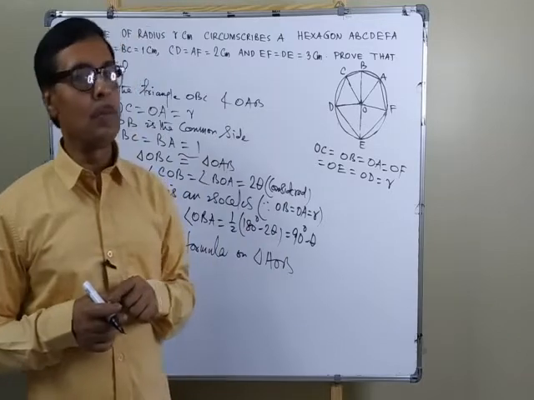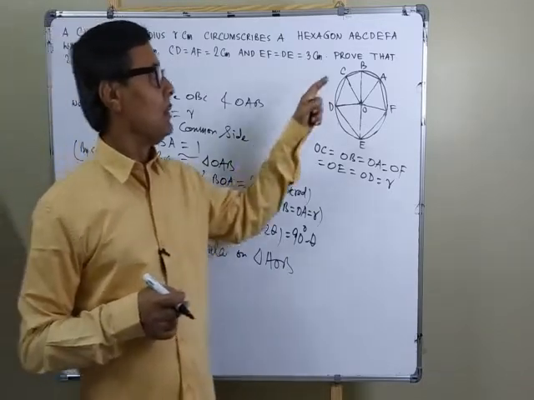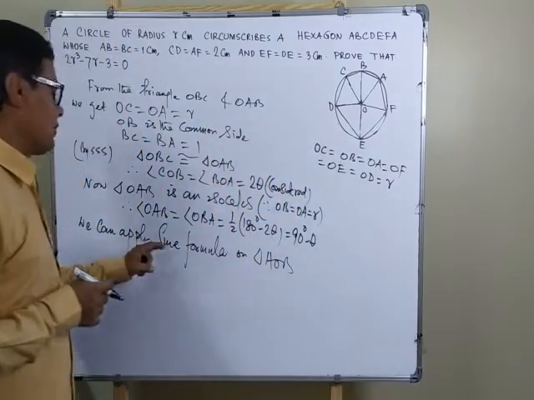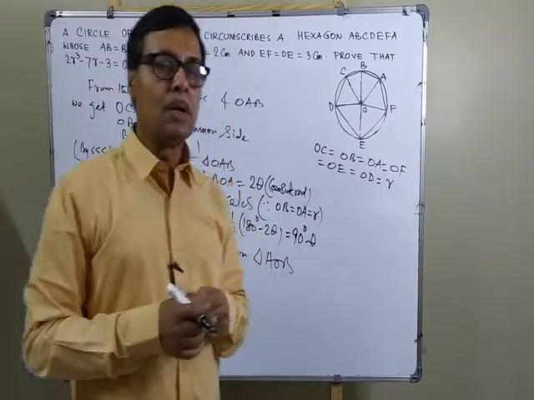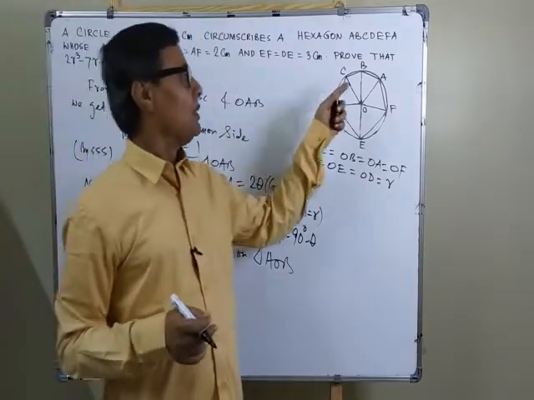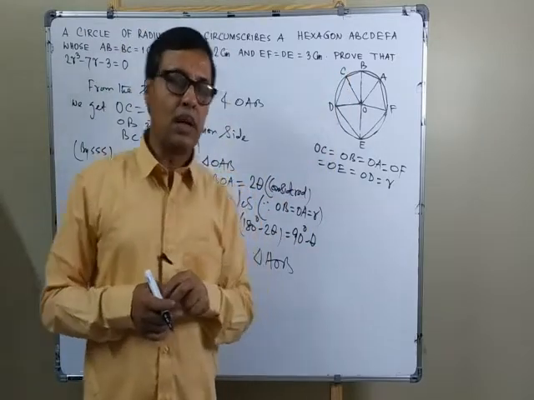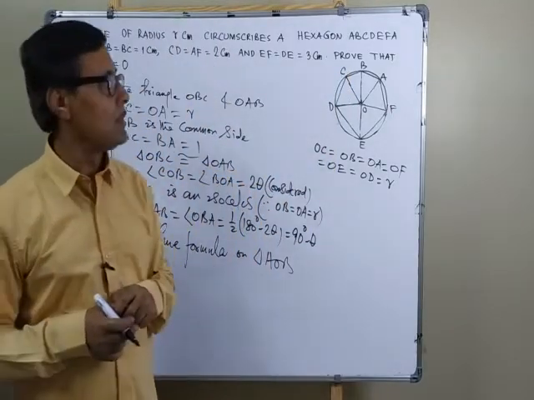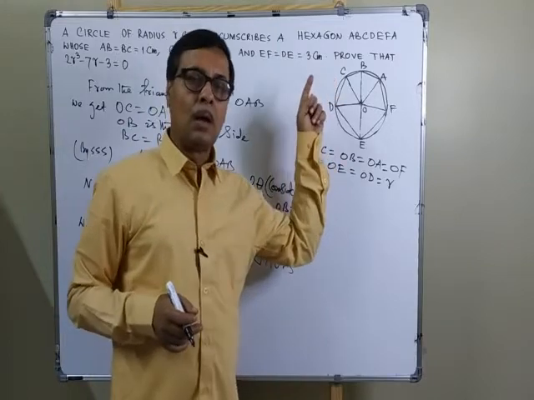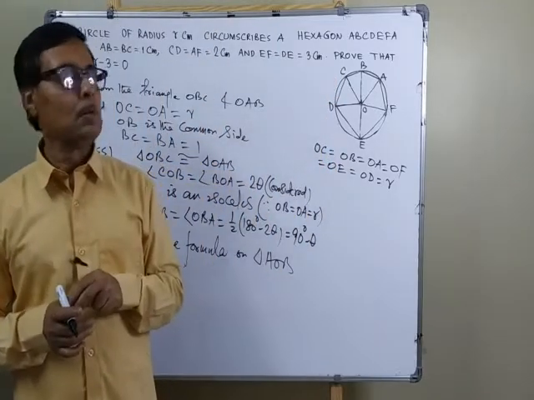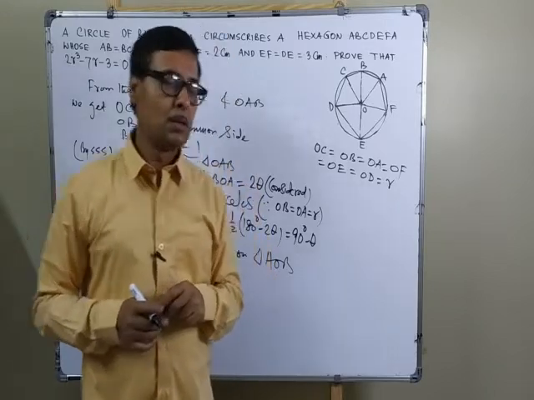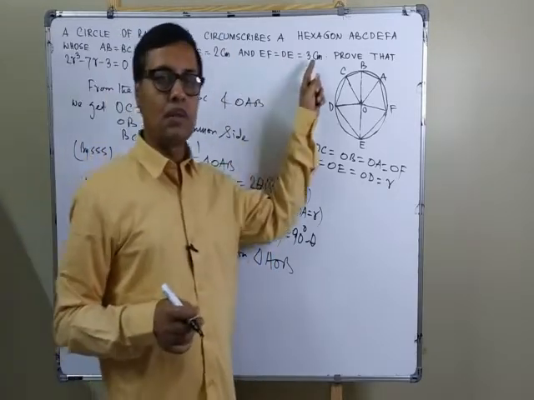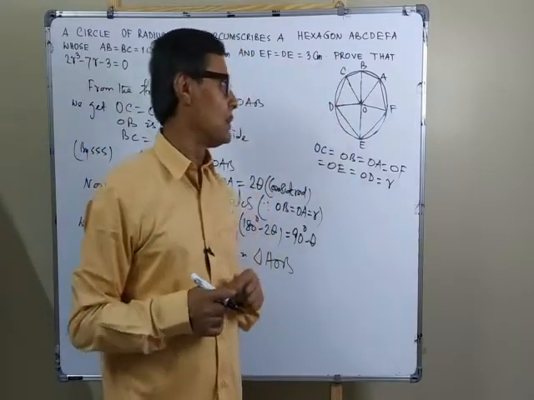This is the law of sines. The sine formula is that the three sides of any triangle are proportional to the sines of their opposite angles.